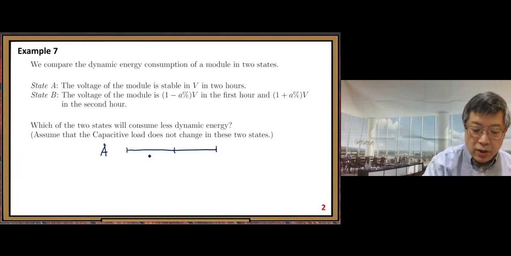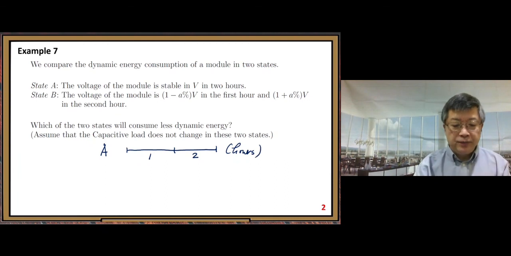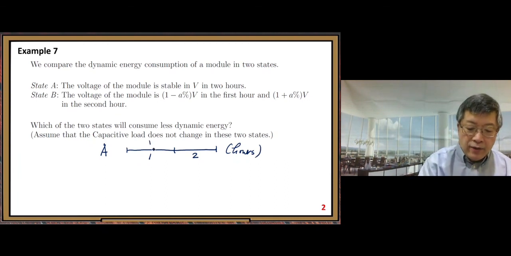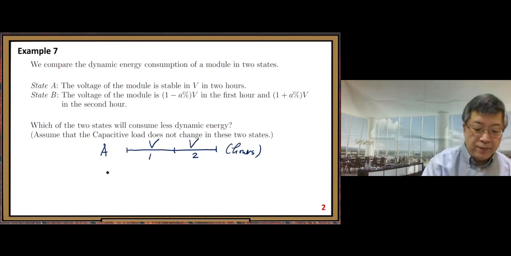So hour 1, hour 2. 2 hours. Okay, all right. Hour 1, V stable. Hour 2 also V stable. All right.